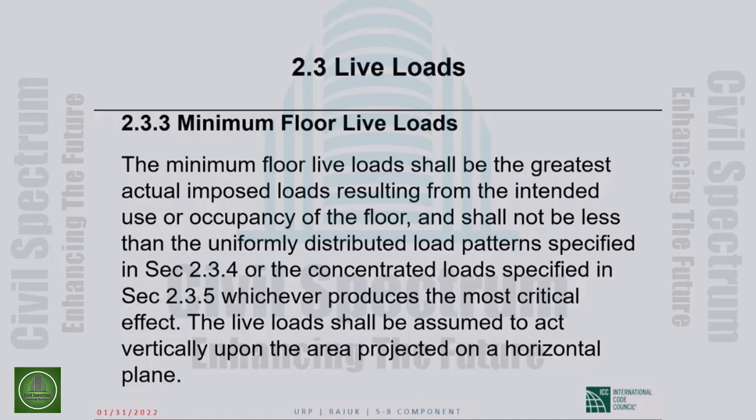See, in reality, everybody designs for the tabulated values. Except in unusual circumstances, one wouldn't try to figure out the live load that will be applied on your structure. So specified in 234 or the concentrated load specified, whichever produces the most critical effect. Okay. The one or the other, not both, whichever is the more critical.